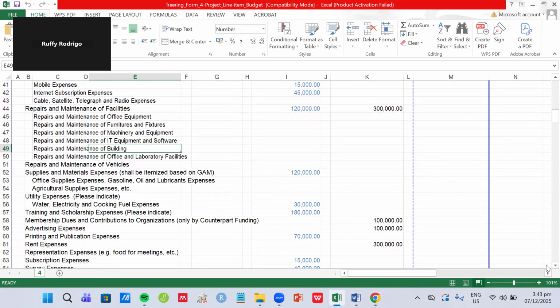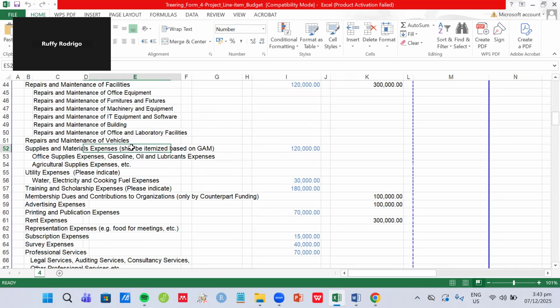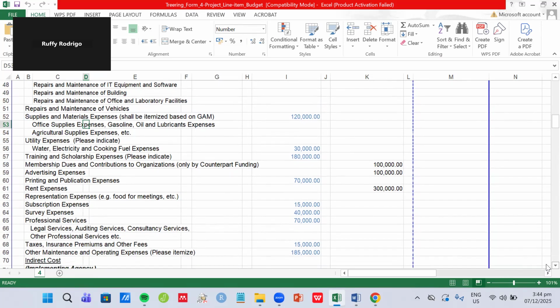This is the most crucial part. This is supplies, materials, expenses, and so you have to plan. As a researcher, you are the project leader, the accountant, the implementer, the auditor, tracking how much you spend and whether you already overspend. So this is the crucial part of handling a project.